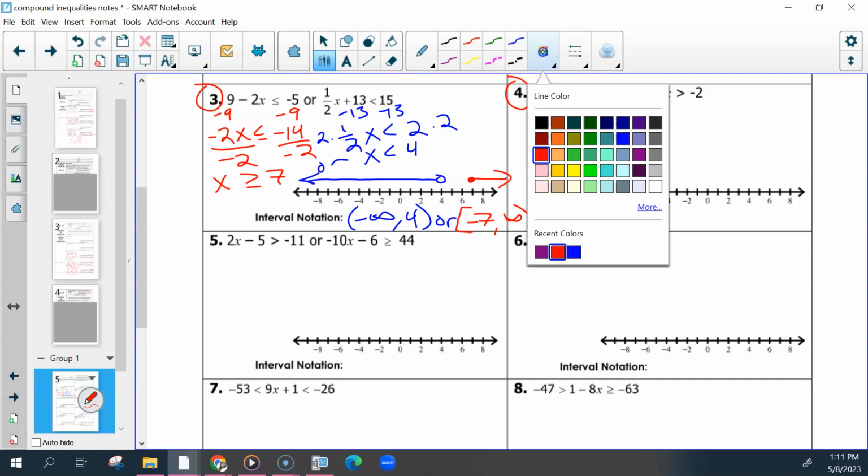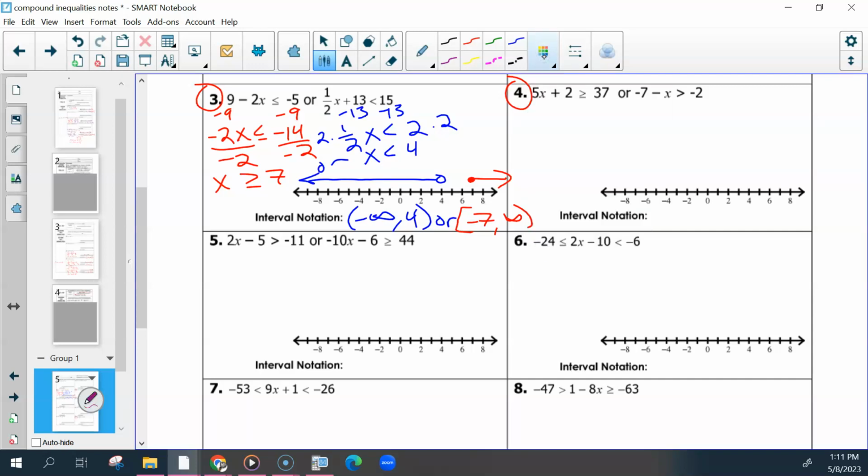This is another OR. Solve each one separately. So this one, subtract 2. Divide both sides by 5. How do we start the other one? Plus 7.